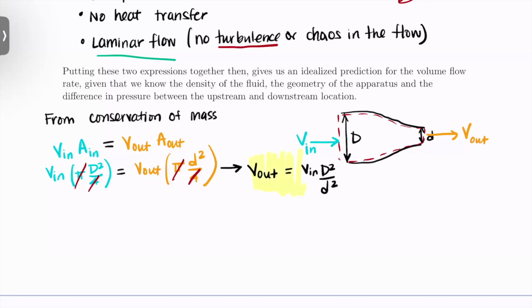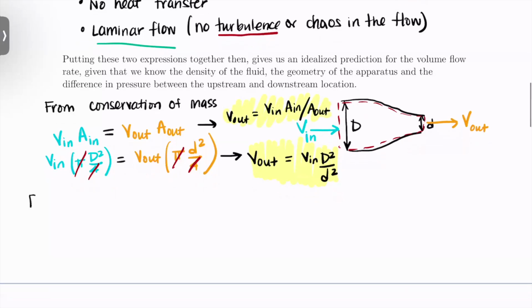All right, so we will use this in just a bit. I can also write that V out is equal to V in times A in divided by A out. So I can solve both of these equations in the same way. All right, let's look at our Bernoulli equation next.